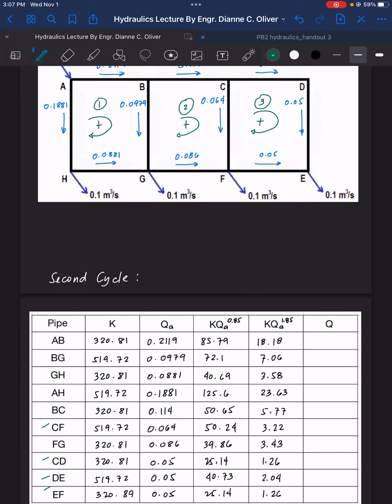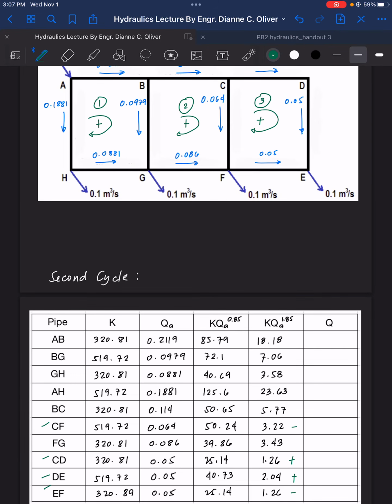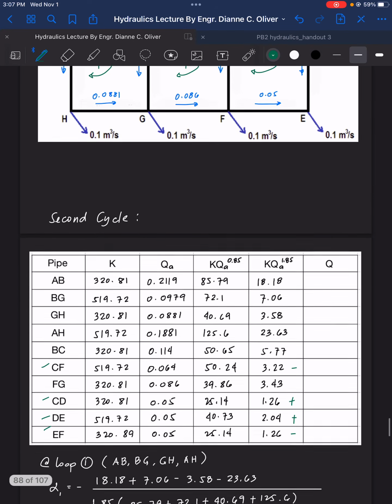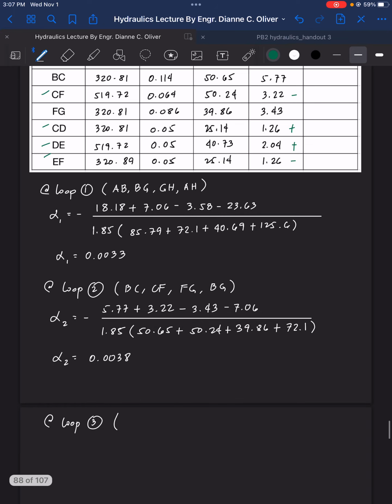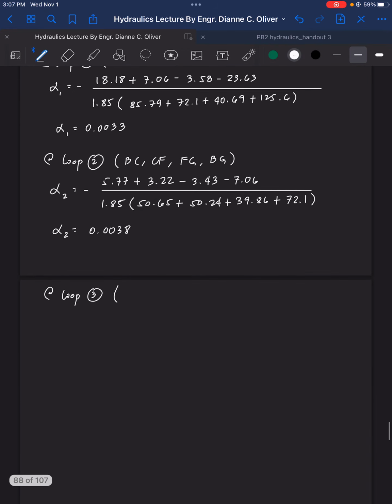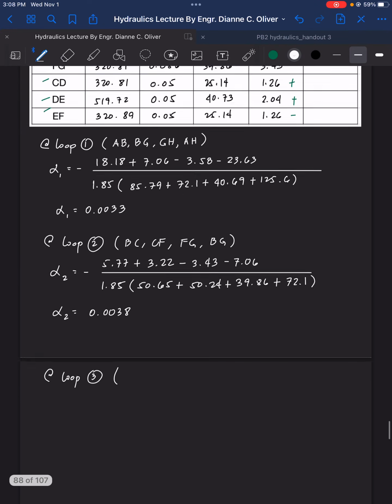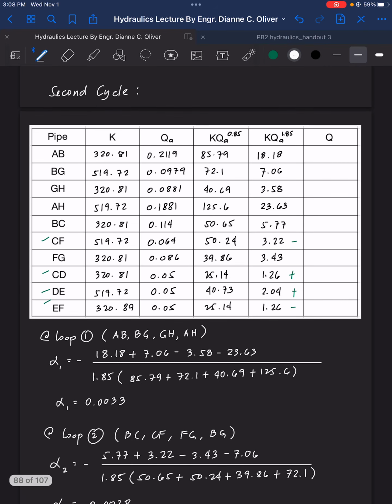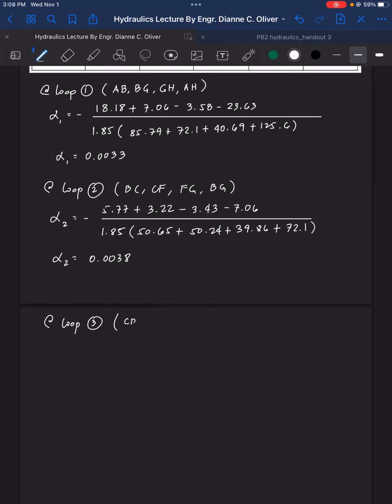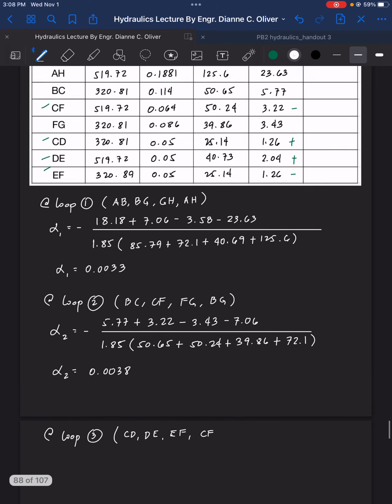For the flow, CD is clockwise positive, DE is clockwise positive, FE is negative counterclockwise, CF is negative counterclockwise. Then let's use that in our formula. So for loop number 3, that is CD, DE, EF, and then CF.